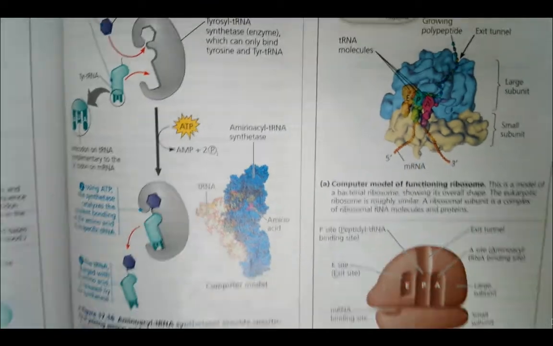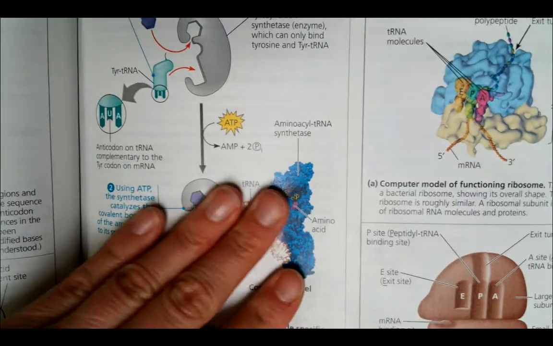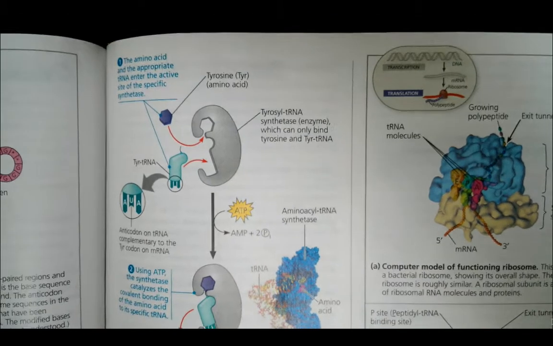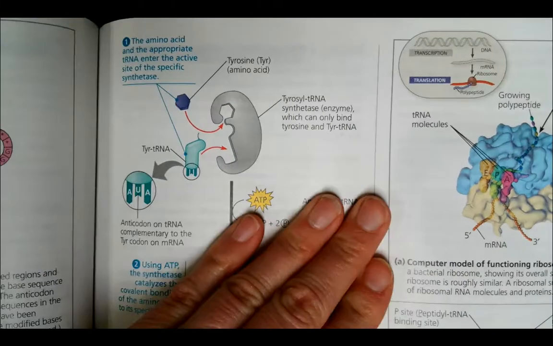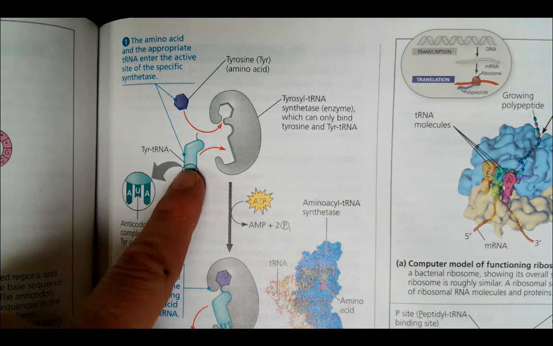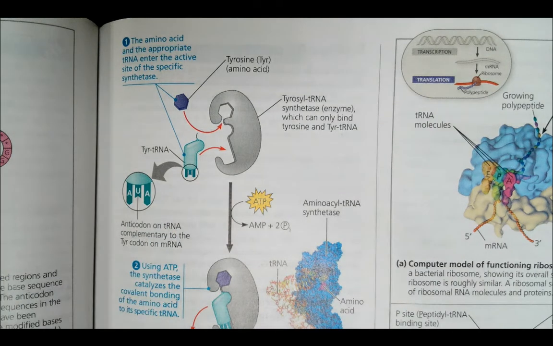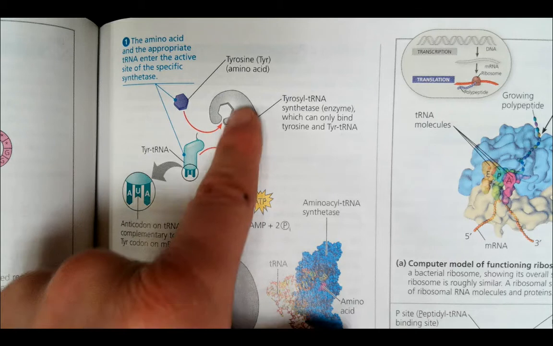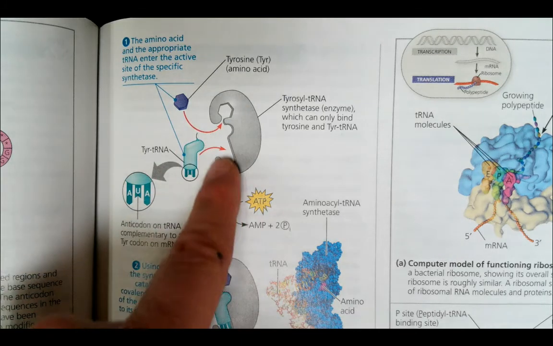So I believe you were given this picture to label in your notes. So make sure you take time to go through this figure and do just that. Really briefly, notice we have a tRNA here. It doesn't have an amino acid attached to it. Which one of the 20 should it bond to? Well, notice this enzyme right here, which is really big, has multiple locations for things to bind in its active site.